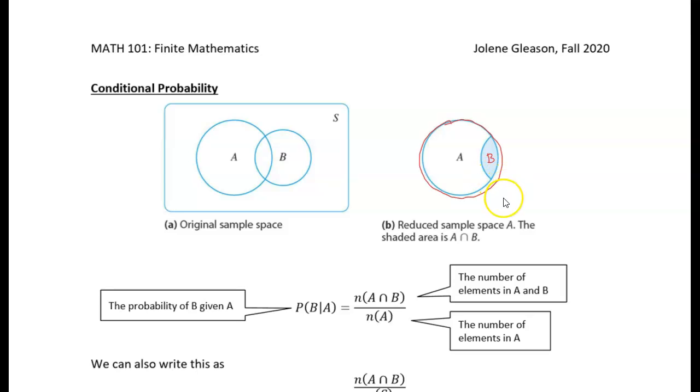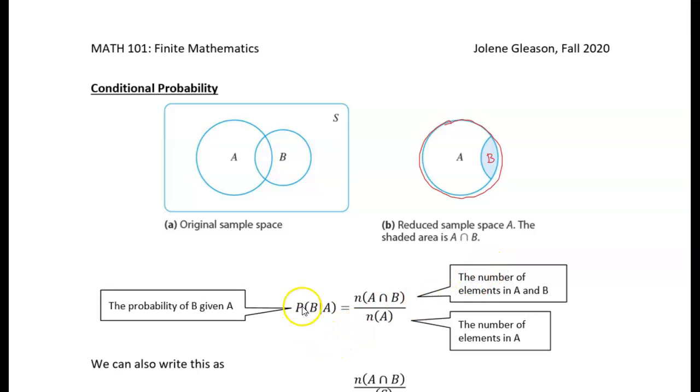So in order to calculate the probability of event B, given that event A is true, we took the number of elements in the intersection, the number of elements where both A and B are true, and divided by the number of elements in A. We were restricting our sample space down to just those elements in A, because we were told that A has occurred, or that A is true.